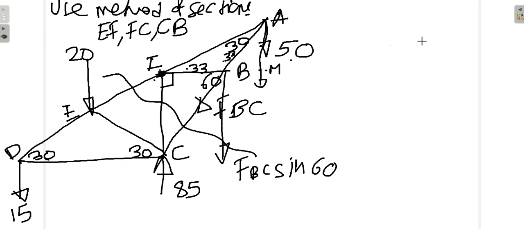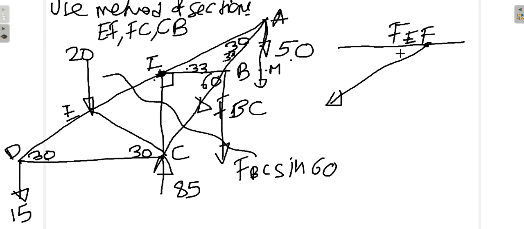So let me draw the situation here. This is EF. Please see I am drawing a horizontal line here. This angle is 30. So I have got two components of EF.